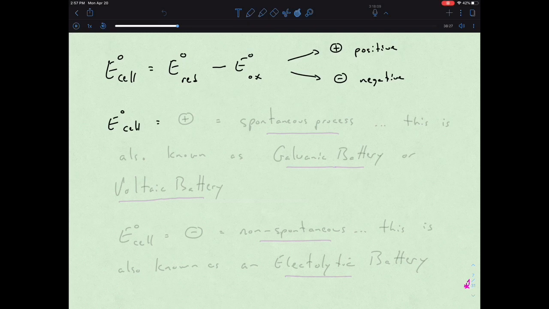If E cell, or the cell potential, is positive, that is a spontaneous process. We'll come back to that notion in relationship to delta G later. This is also known as a galvanic battery, or voltaic battery.